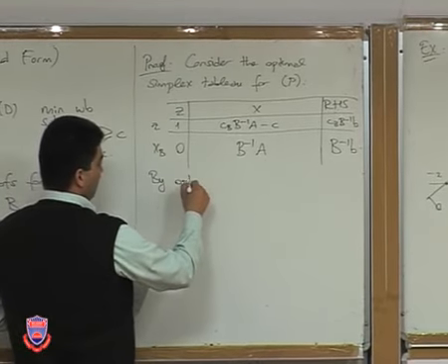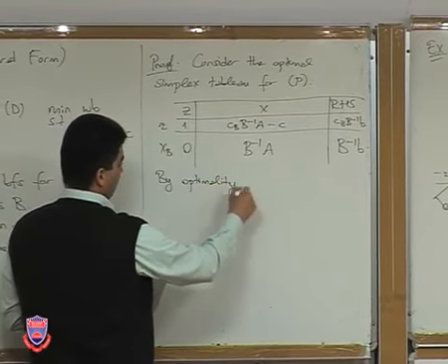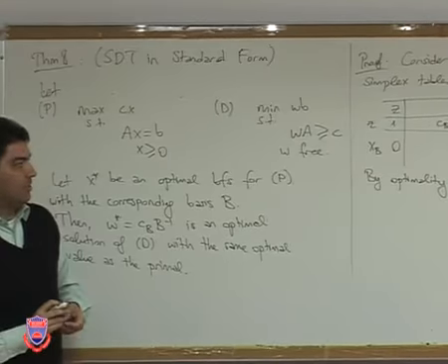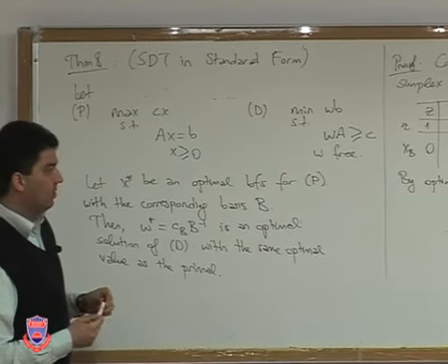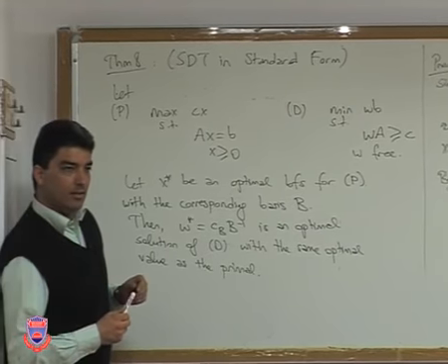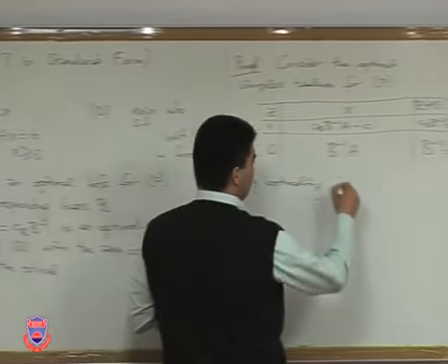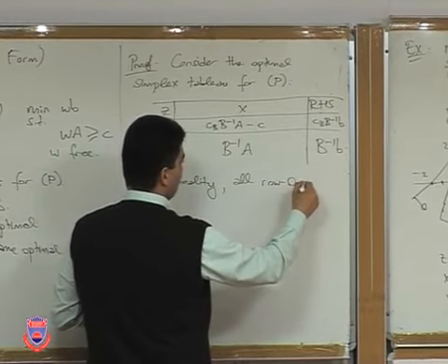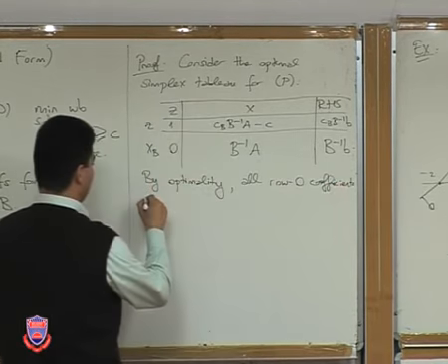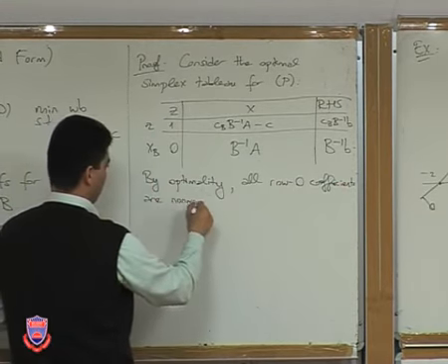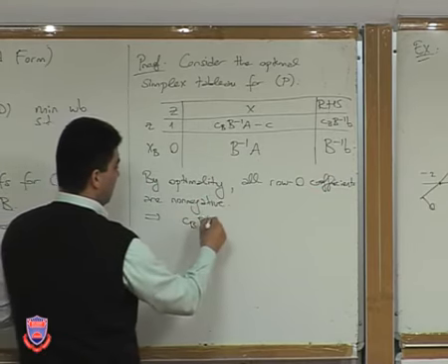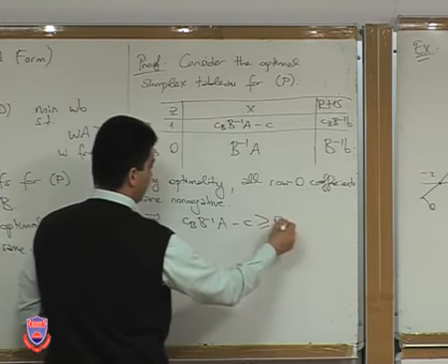So by optimality of this tableau, what do I know? Well, I know that this is a maximization problem, and if the simplex method stops, then it stops for a reason. So what's the reason? There are no negative row 0 coefficients, basically, right? Yes. Okay. So by optimality, all row 0 coefficients are non-negative. So this implies that CB times B inverse times A minus C is greater than or equal to 0.